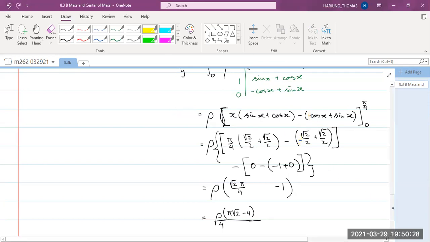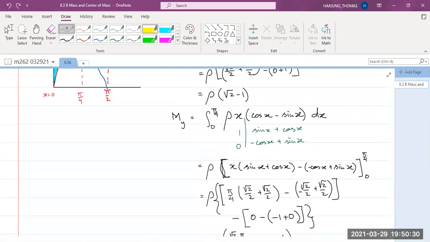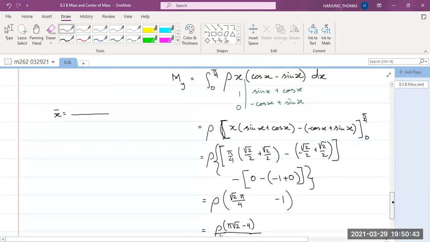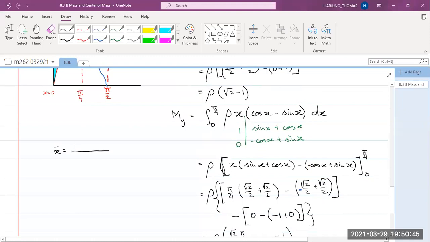Well, anyway, at this point, I can compute my x bar already. My x bar will be, maybe I move it a bit to the left. My x bar is rho over 4 times pi radical 2 minus 4, divided by rho times radical 2 minus 1.